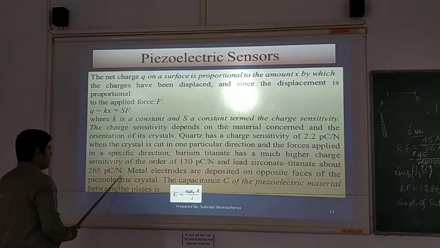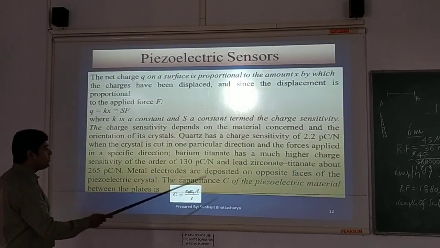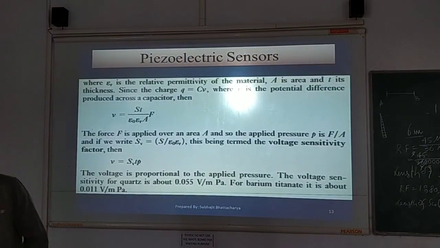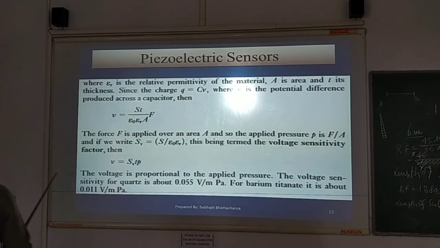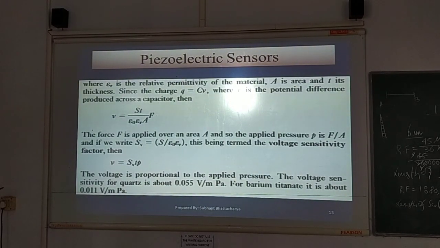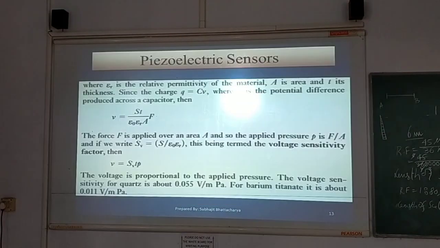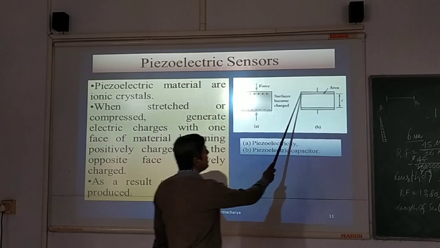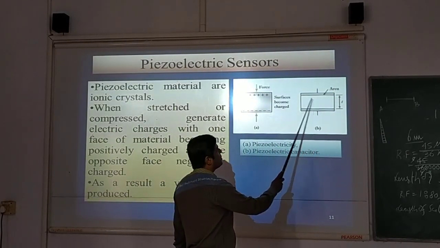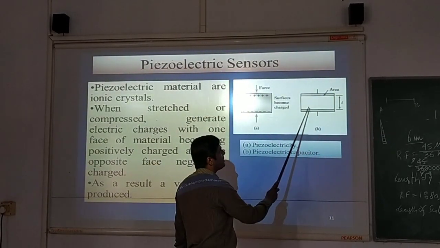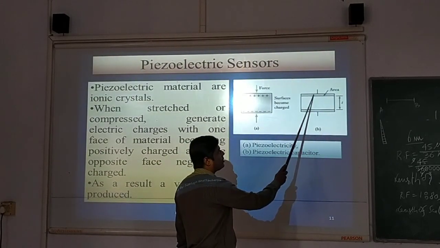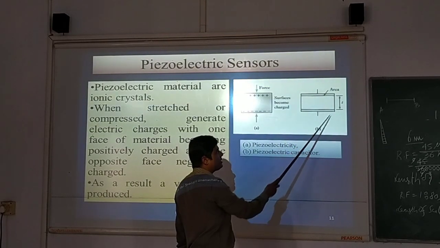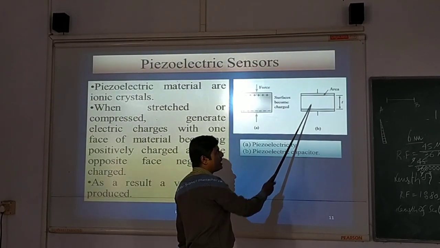Metal electrodes are deposited on opposite faces of the piezoelectric crystal. So these are the equations. Suppose this is the crystal, then metal electrodes will be deposited on that. Whenever positive charges accumulate on one side, it will draw negative charges from the external circuit or environment, and it will move positive charges, for charge neutrality.